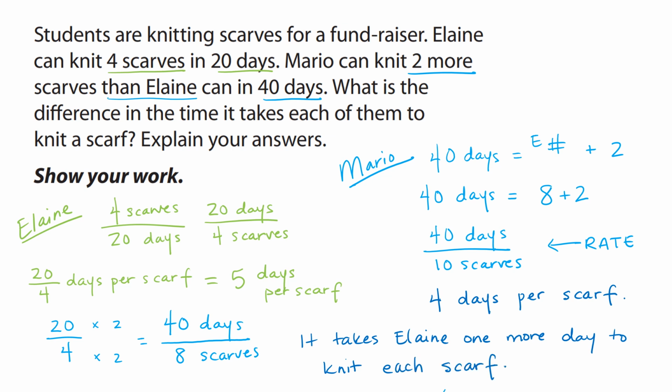All right, and there we go. So you can solve real-world problems using unit rates, and then there might be questions that ask you a little bit more, like this one. So using your knowledge of unit rates, you might be asked to compare something.